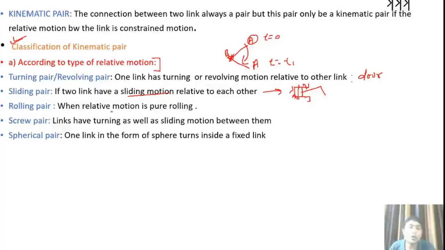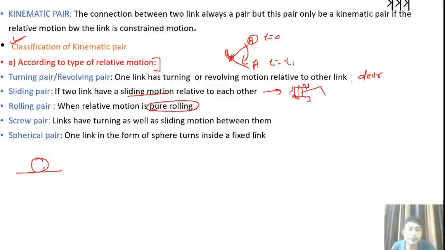Third is rolling pair. When relative motion is pure rolling, underline pure rolling, means when one link rolls with respect to another link.